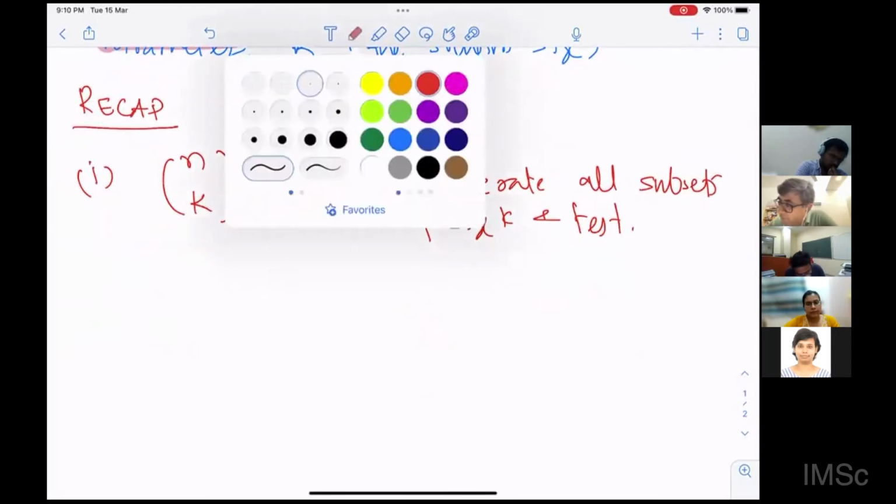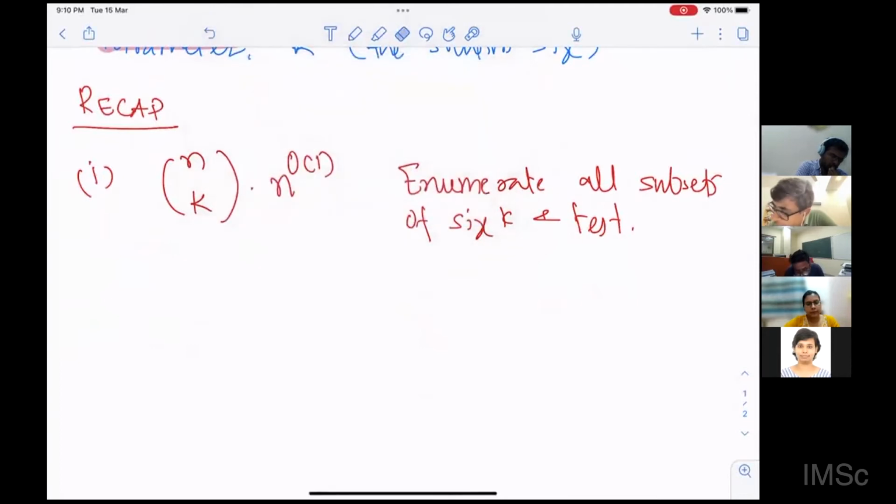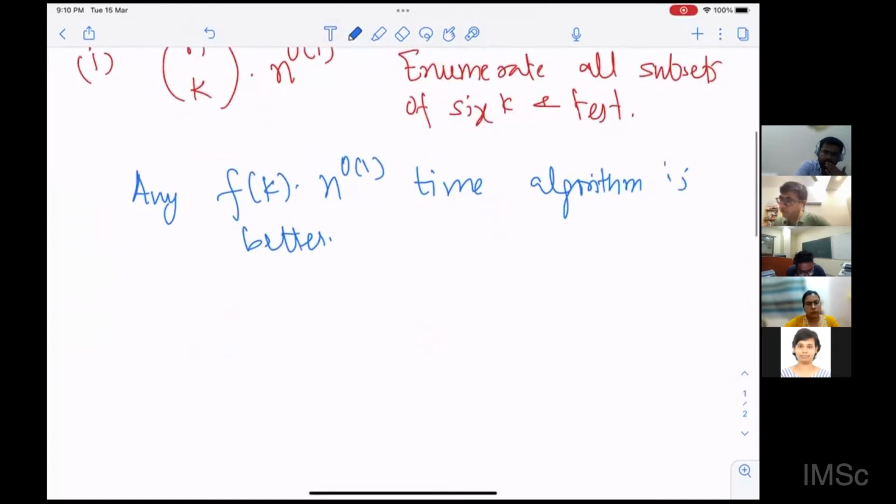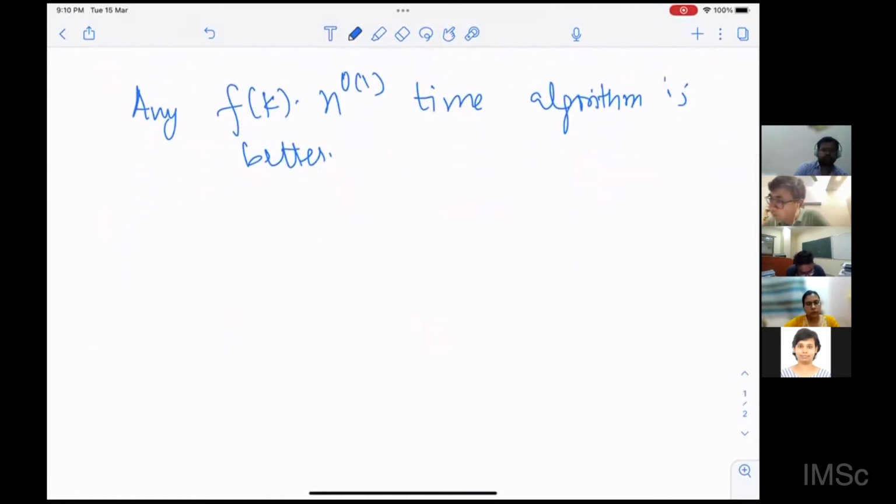The way we define better is that, after a lot of discussion, we realized that any f of k times n to the power big O of 1 time algorithm is better.